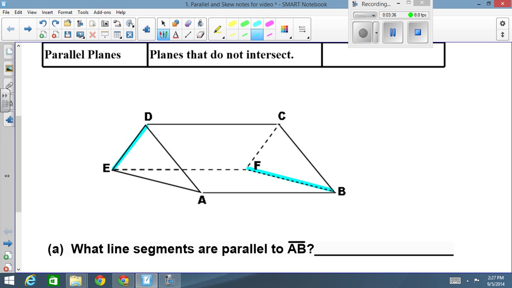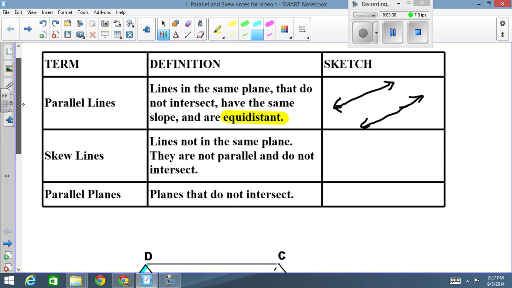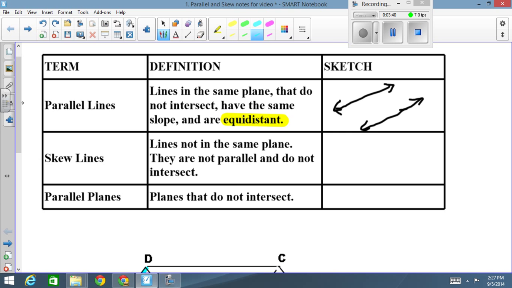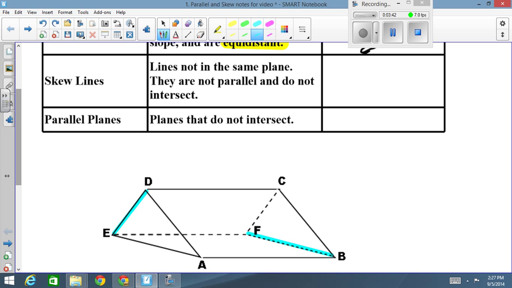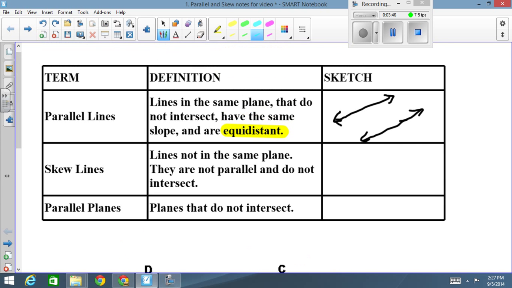For the sake of drawing that, that's a tough one to sketch. I would say maybe just refer to line segments ED and FB below. So I just go up here and say ED and FB below.